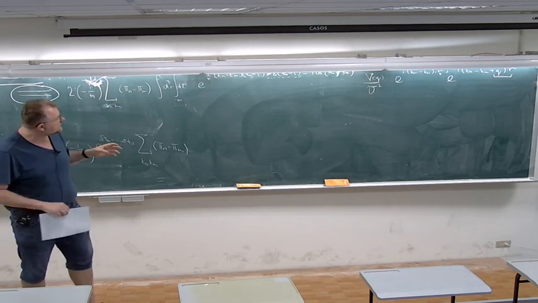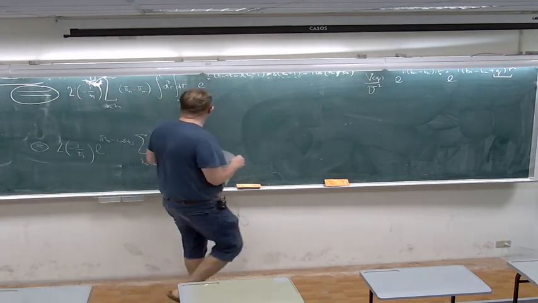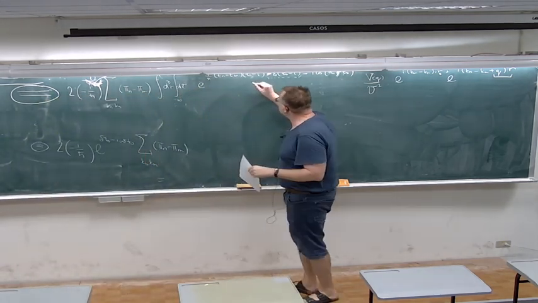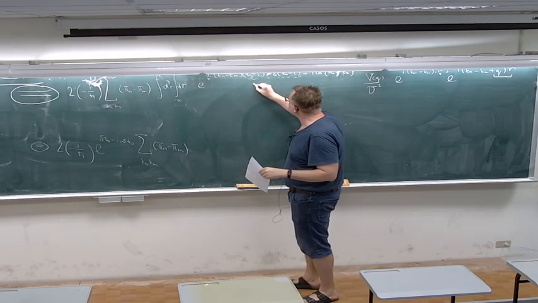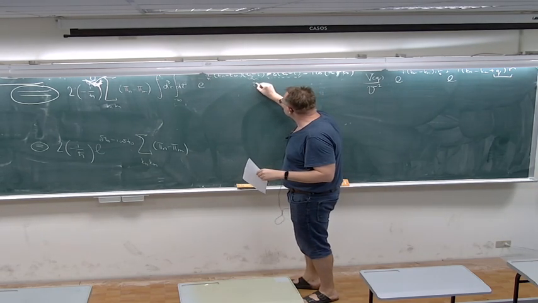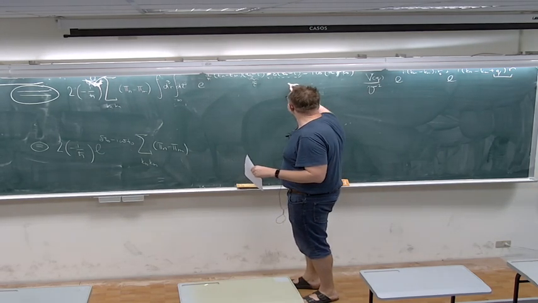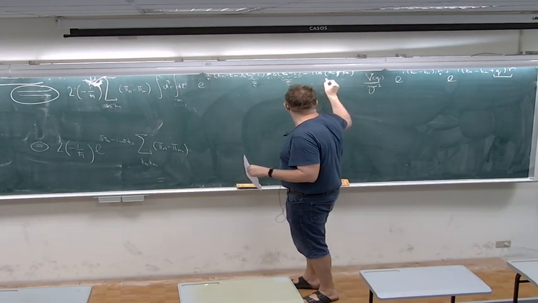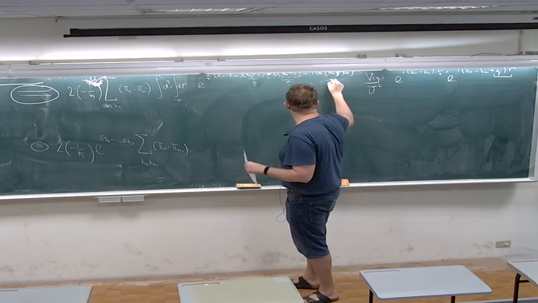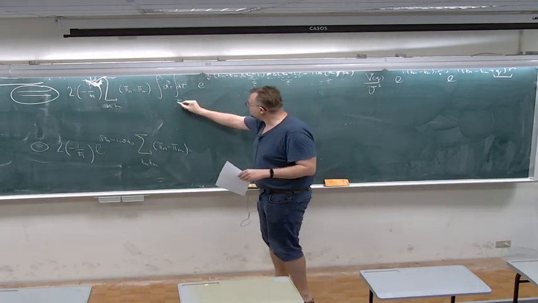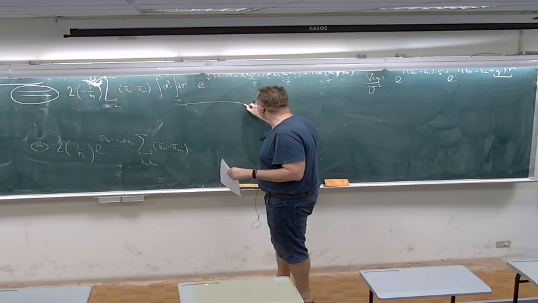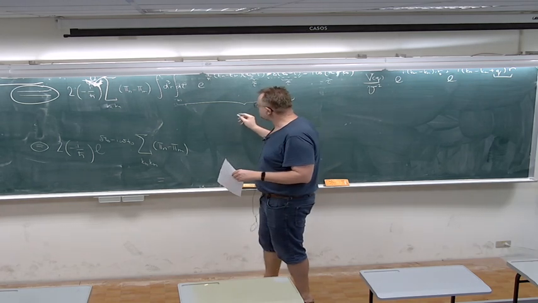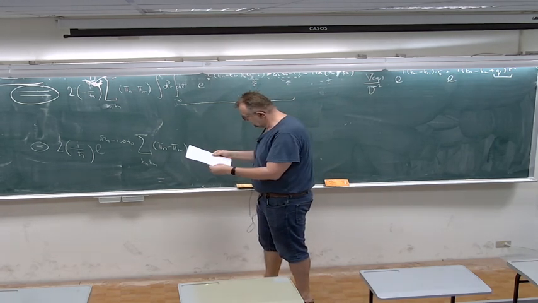Time dependence. Fantastic. Time dependence is very easy. Because I can make a change of variables, I can define the new variable tau tilde. So basically, if I'm making the change of variables, the integral over time is very easy, and I will just write the result.